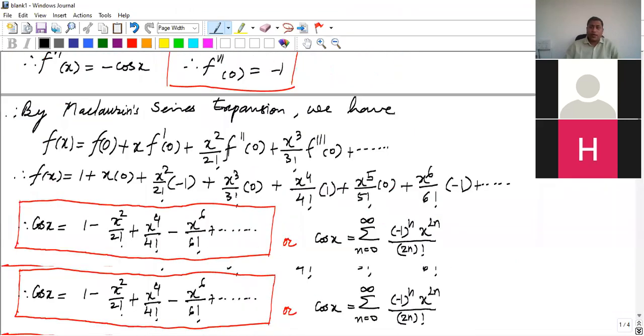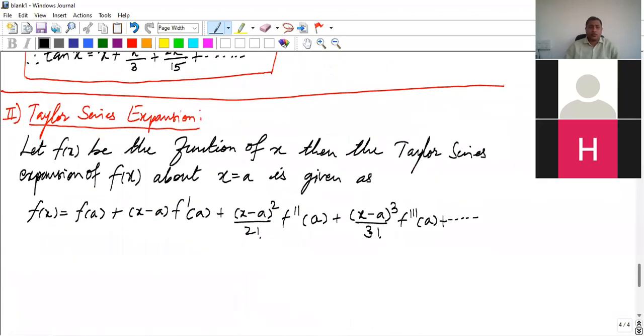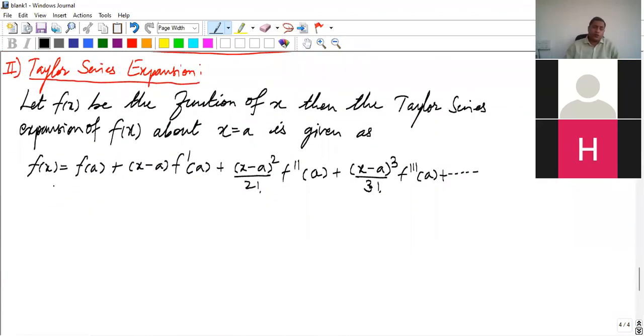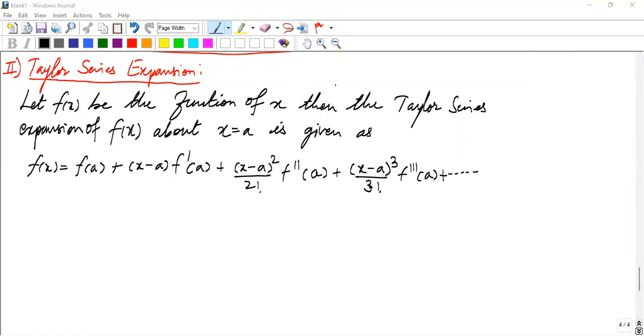And now you can see the Taylor series formula: f of x is equal to f at a plus (x minus a) f dash at a plus (x minus a) squared by 2 factorial f double dash at a plus (x minus a) cubed by 3 factorial f triple dash at a. So you can see the Taylor series and you can see the Maclaurin series. So you have both the Taylor series as well as the Maclaurin series.